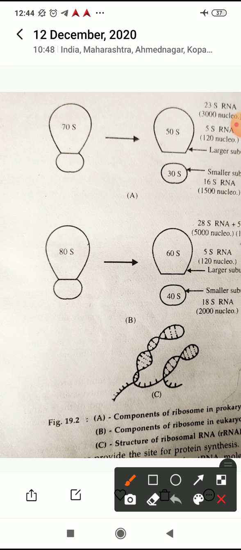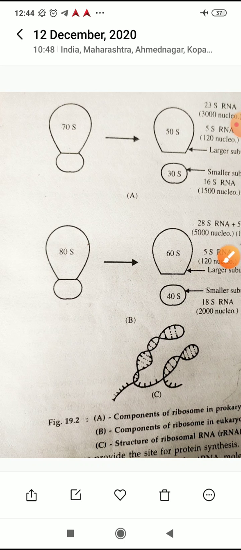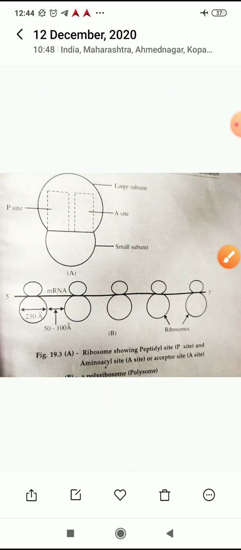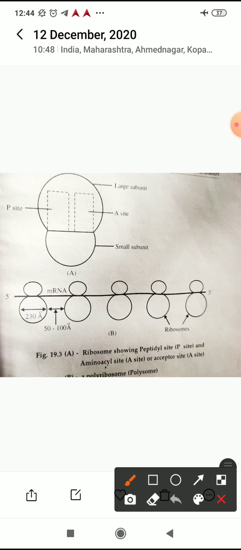Now we will see the ribosome, which is a protein synthesizing site, and these ribosomes contain two different binding sites.